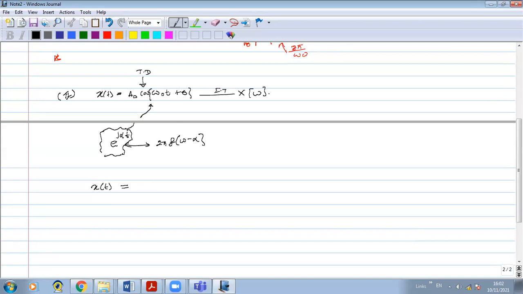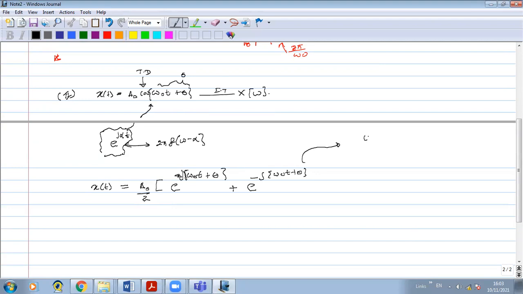So you can write it as A naught times e to the power j(omega naught t plus theta) plus e to the power minus j(omega naught t plus theta), divided by 2. So is this correct?